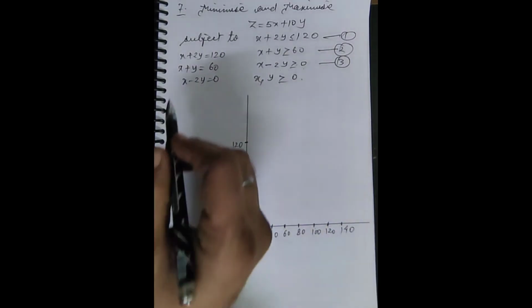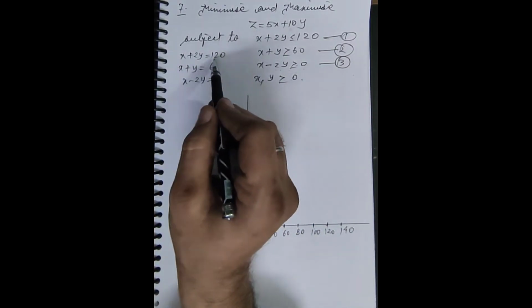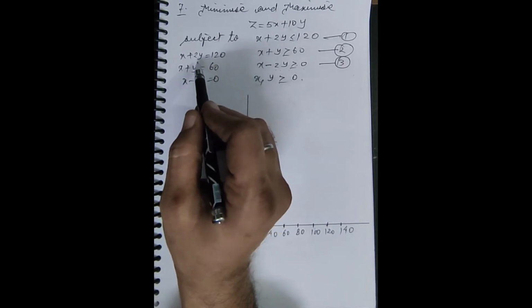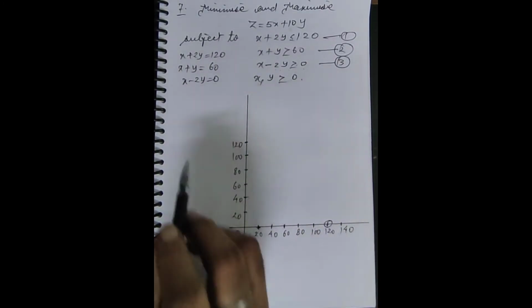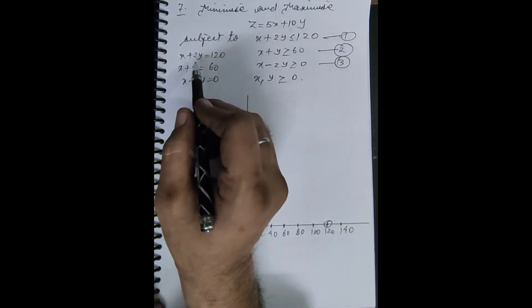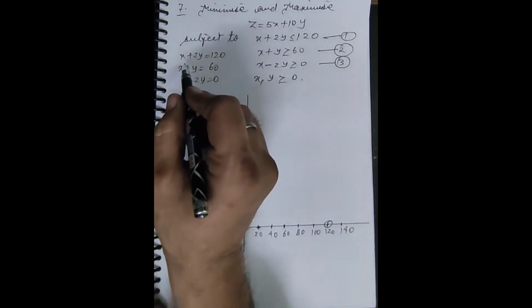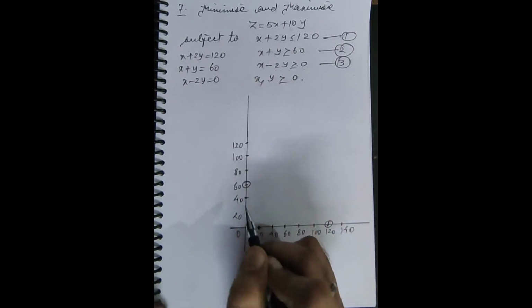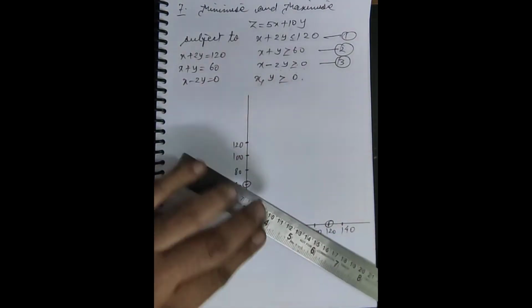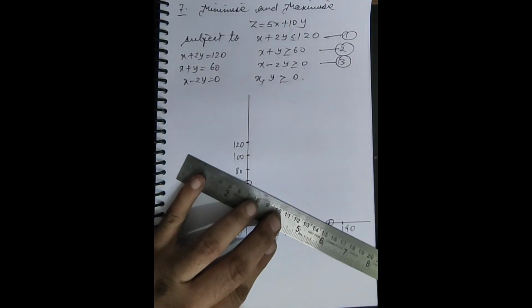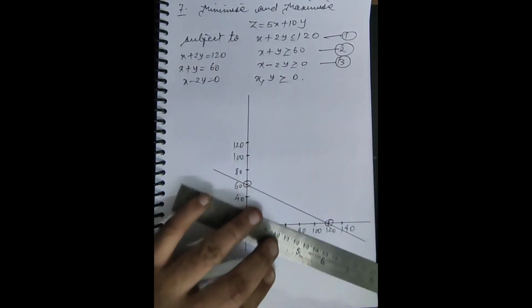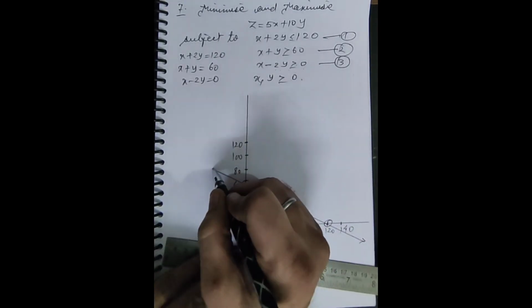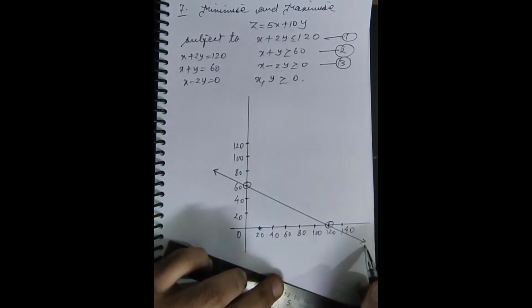So let's start with the first line, x plus 2y equal to 120. If I make y equal to 0, I get x equal to 120. X equal to 0 gives you 60. Joining these two, we find the line plotted here corresponding to the first one.